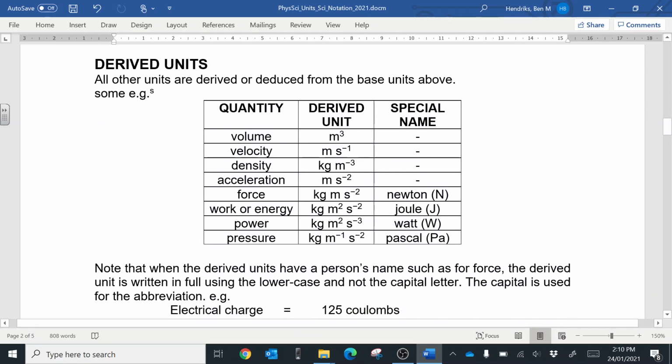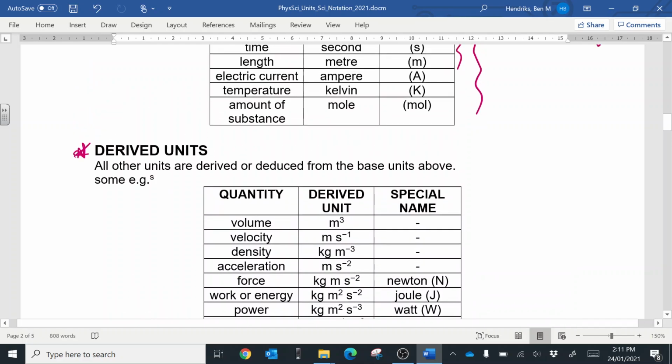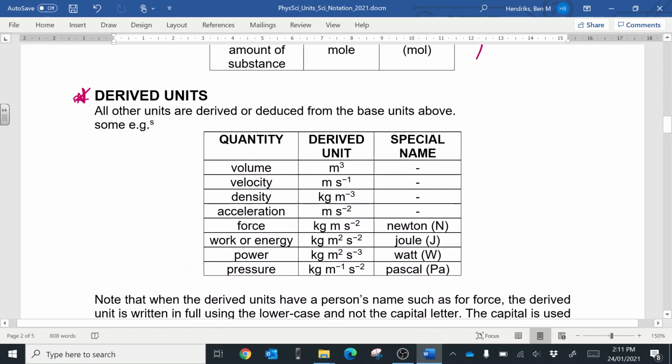Then we have these things called derived units, and they are units which are based on the base units. So we have volume here. So if you have a cup or a drink bottle or something like that, the volume of that can be measured in meters cubed. Okay, velocity, which is similar to speed, is measured in meters per second.